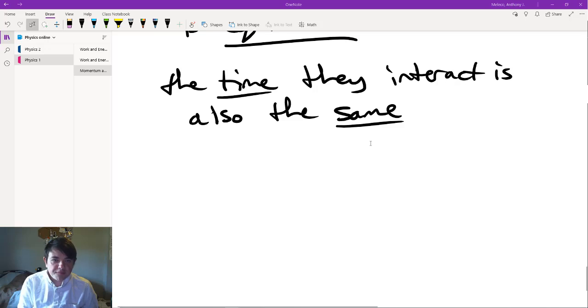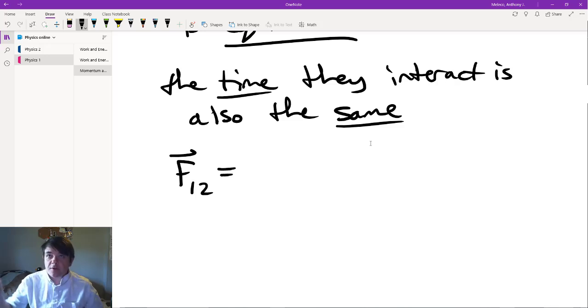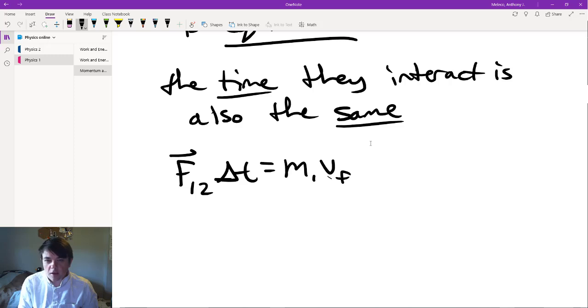If we look at the force on object 1 by object 2, so that's the first particle, you have the second particle hitting the first one, and its change in time, that's impulse, right?